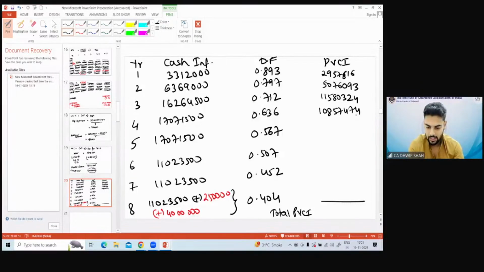Again 170,71,500 multiply by 0.567, 96,79,541.